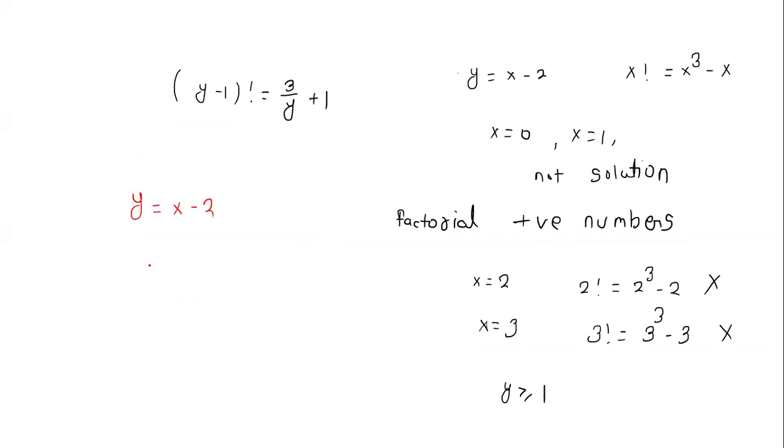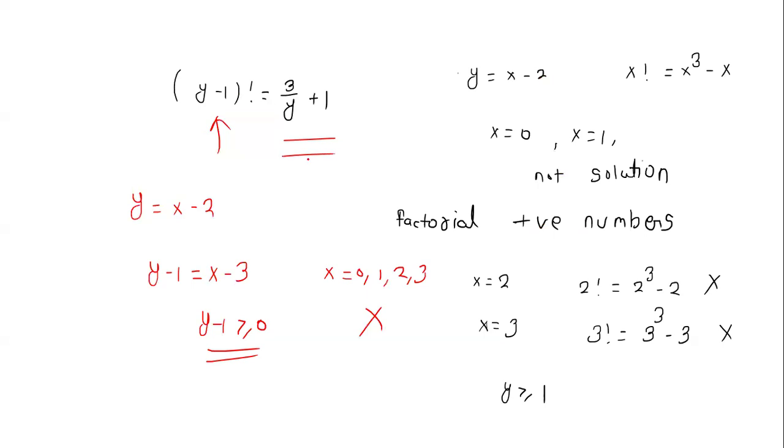So we can say easily that y minus 1, which is x minus 3, must be greater than or equal to 0 for any solution, because we know x is equal to 0, 1, 2, 3 are not a solution. So this is the perfect thing, and in the right hand side we have 3 by y plus 1.